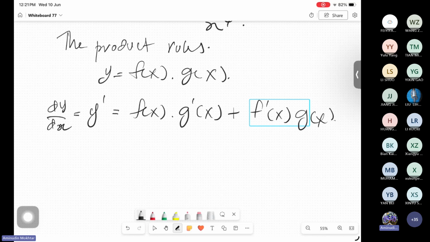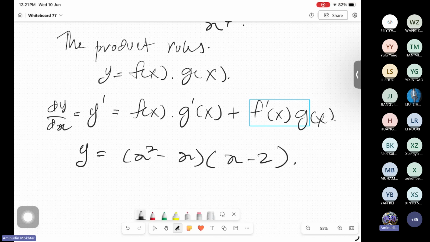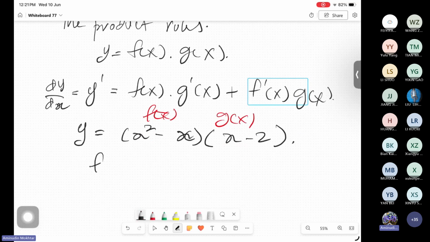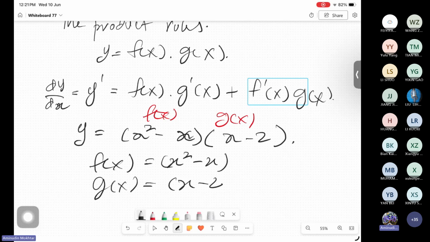For example, let's say I have this function, y equal to x squared minus x times x minus 2. Assume the first one is fx and the second one is gx. I can split the equation: fx equal to x squared minus x, and gx equal to x minus 2.